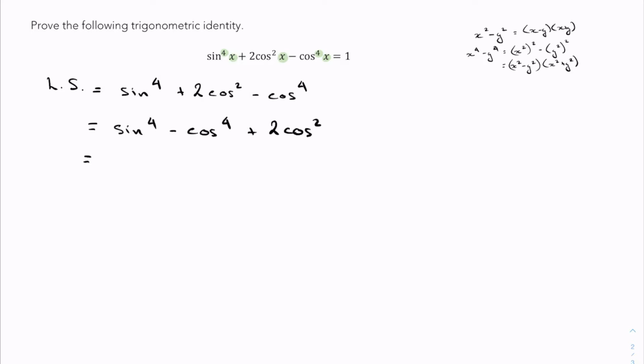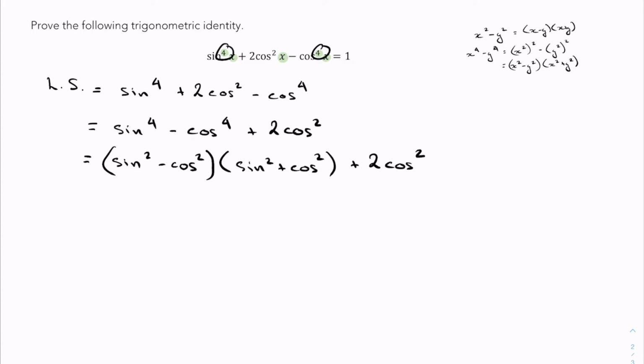So what I'm going to get is sine squared minus cos squared in brackets times sine squared plus cos squared, plus 2 cos squared. And again, the motivating idea here was that I want to reduce the exponent 4 to a power of 2, or ultimately, nothing, 1 or something.